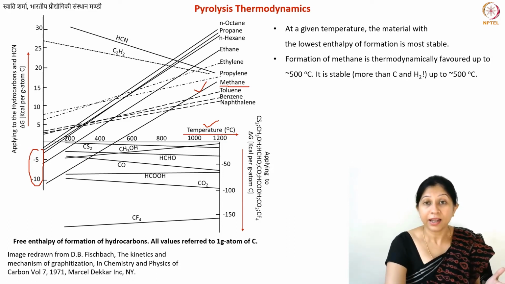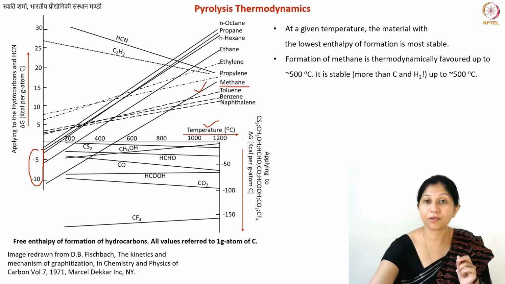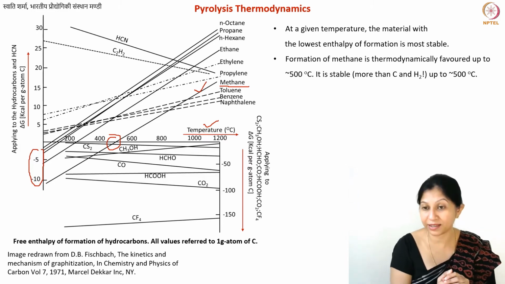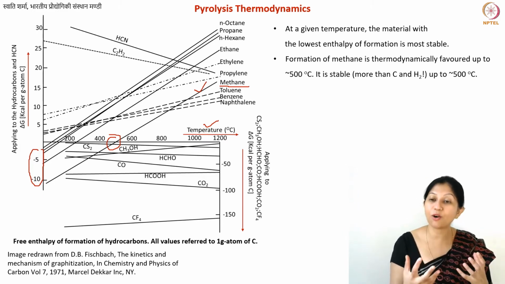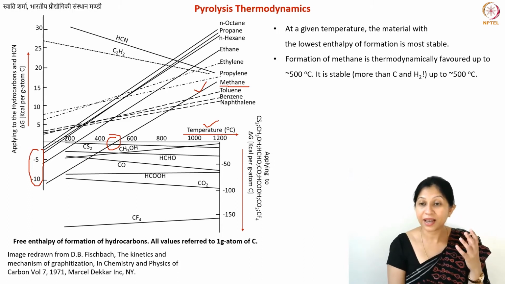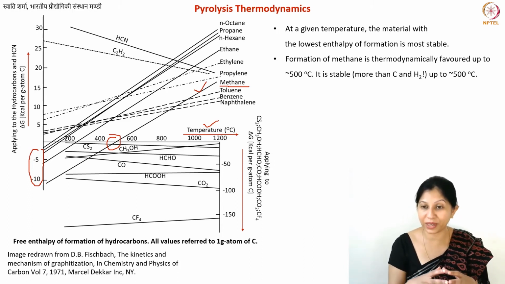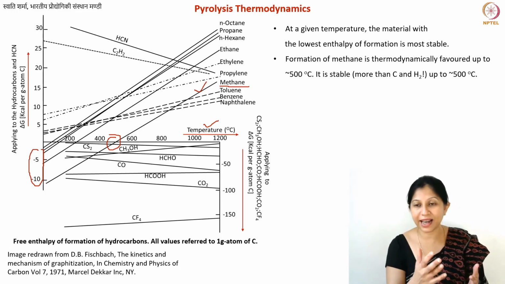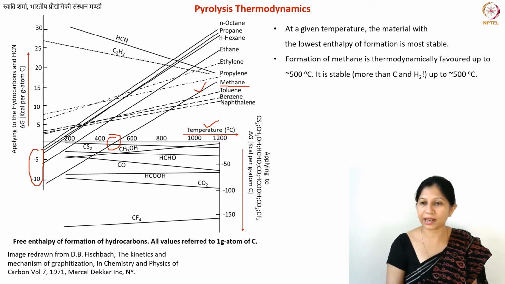The methane line intersects the temperature axis at around 500 degrees centigrade. What does this mean? Below 500, methane is very stable. It does not decompose. In fact, it is more stable even compared to carbon and hydrogen, and that is why instead of carbon and hydrogen you will have methane. It's not exactly 500, it's actually around 520, but approximately up to 500.